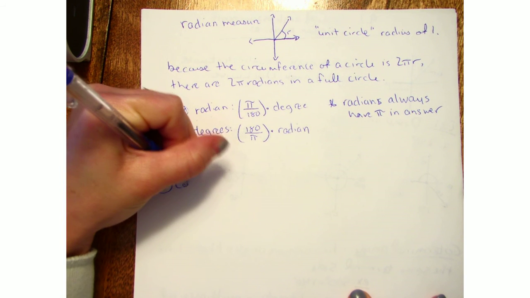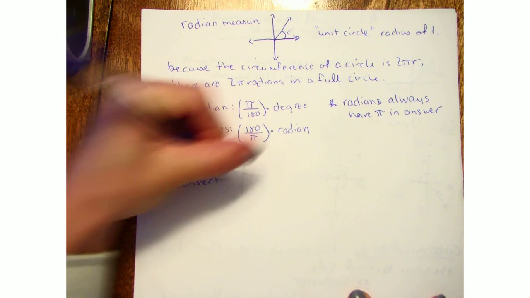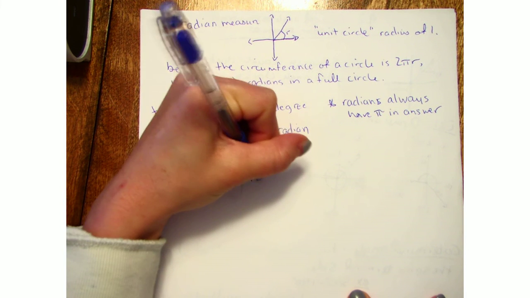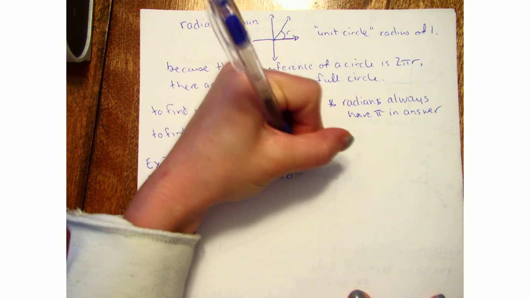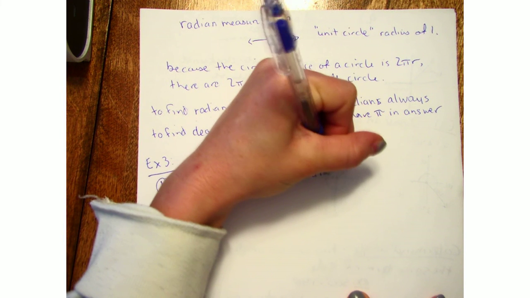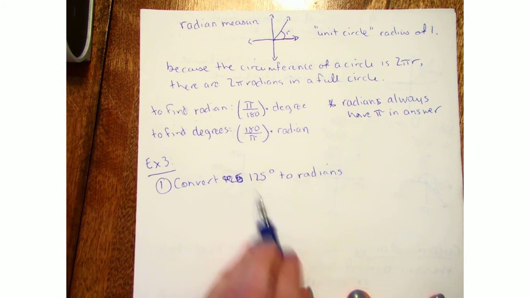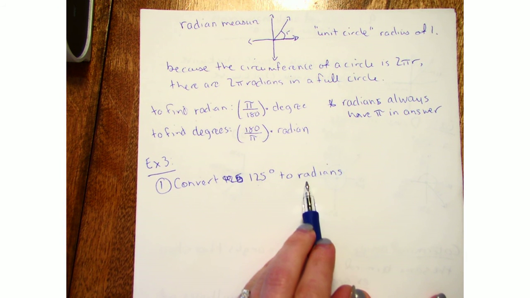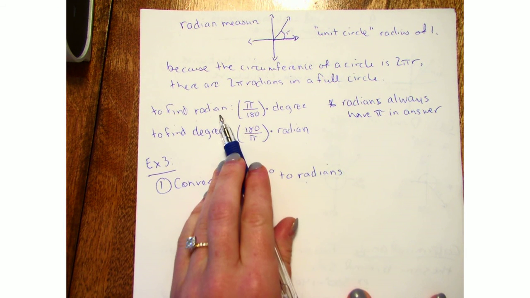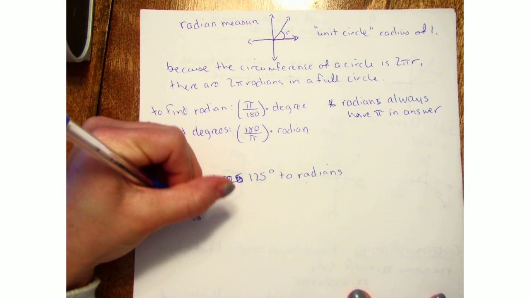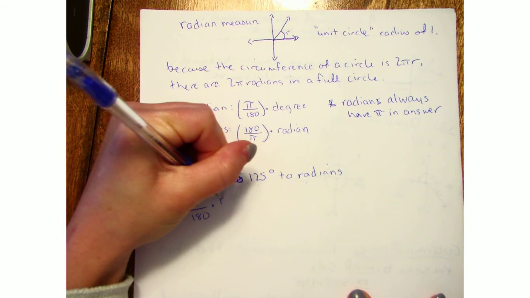So we're going to convert 125 degrees to radians. I look up top and I say, which one do I want to use? If I have degrees and I need radians, I'm going to go with the first one. So I'll take pi over 180 times my given degrees.